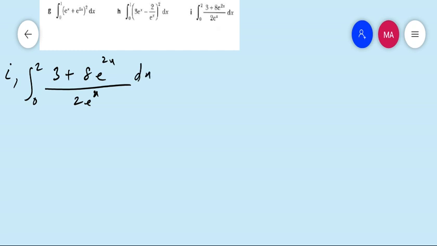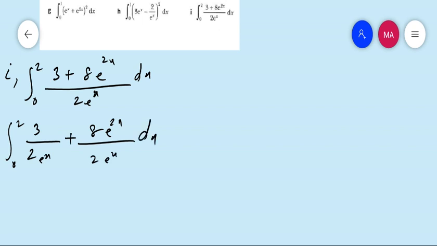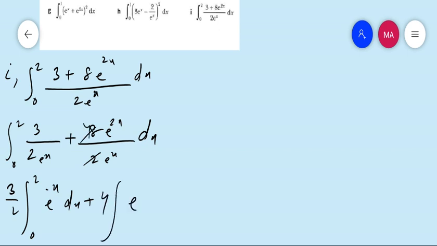First we have to divide both terms by 2e power x: 0 to 2, 3 upon 2eˣ plus 8e²ˣ upon 2eˣ dx. 3 upon 2 goes outside, 0 to 2, eˣ becomes e minus x in the numerator, dx, plus 2 for the 8, 4, integrate e²ˣ minus x is x, limit 0 to 2, dx.